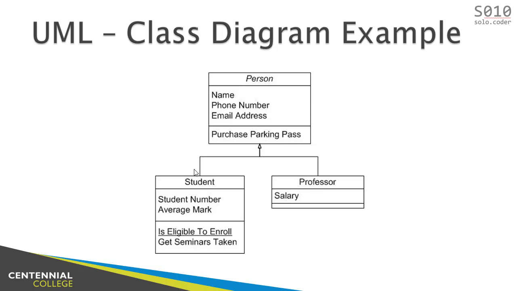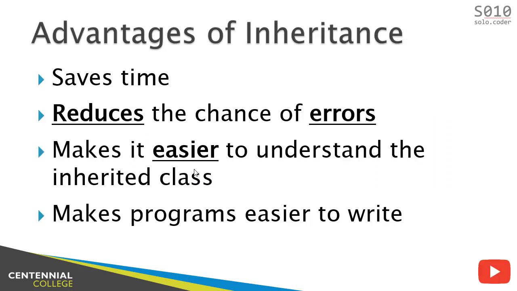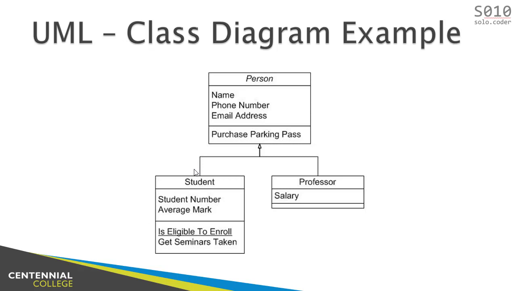Okay. So, person and students. What is the use of inheritance? What are the advantages of inheritance? It saves time. Let's look at this. Why is it saving time for us?